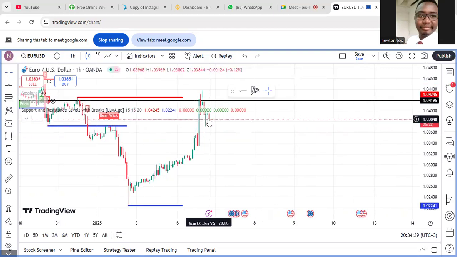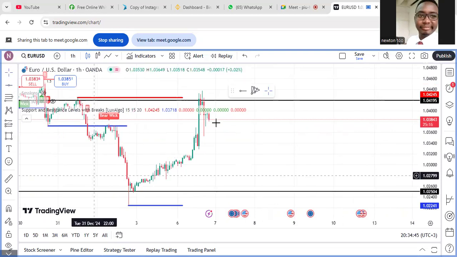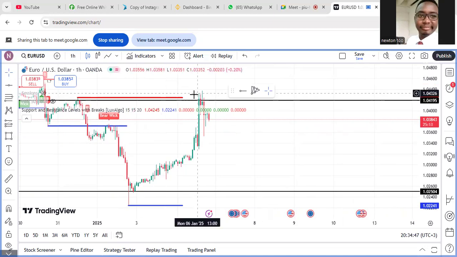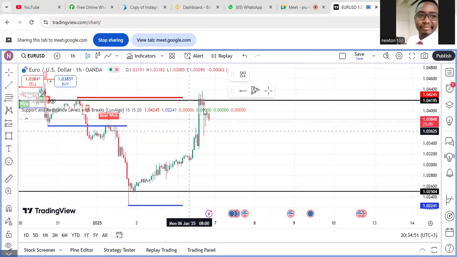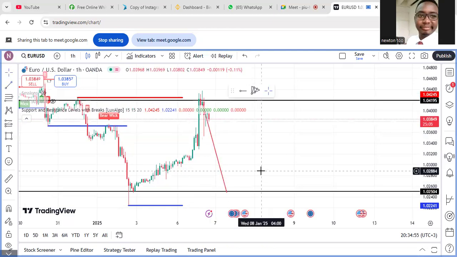So here you can draw again, something like this, on the body. The people who took a trade here are going to have a very strong sell till this region. It's like you're just playing with the levels.